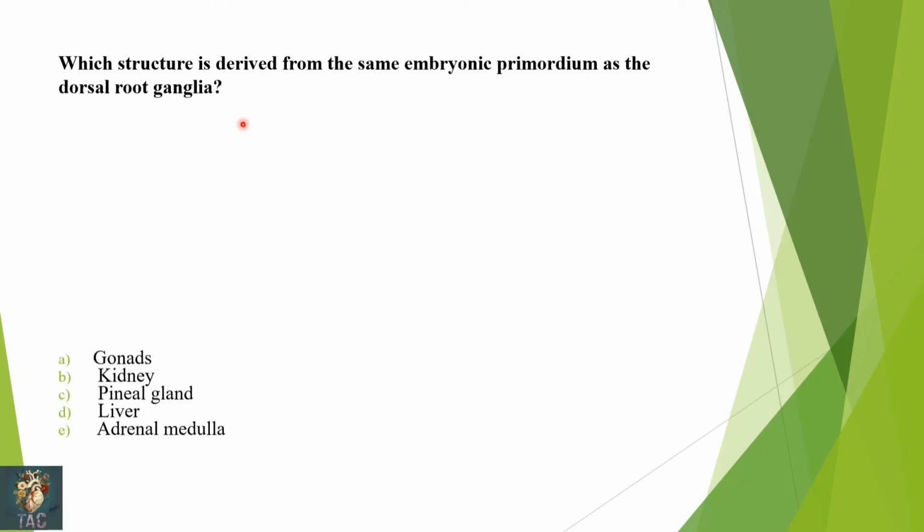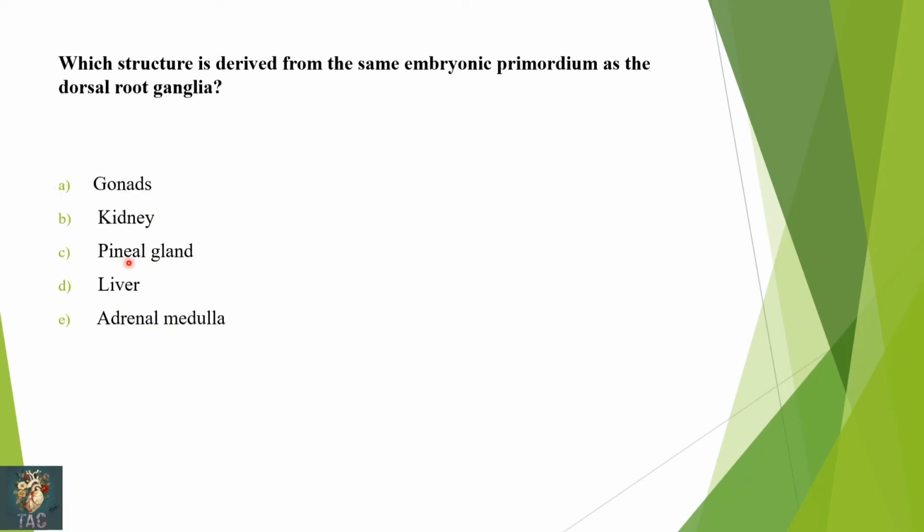Gonads, kidney, pineal gland, liver, or adrenal medulla. This is a little bit tricky question. You must know that the dorsal root ganglia are derived from the neural crest cells, and the adrenal medulla is also derived from the neural crest cells. So this is the correct option.